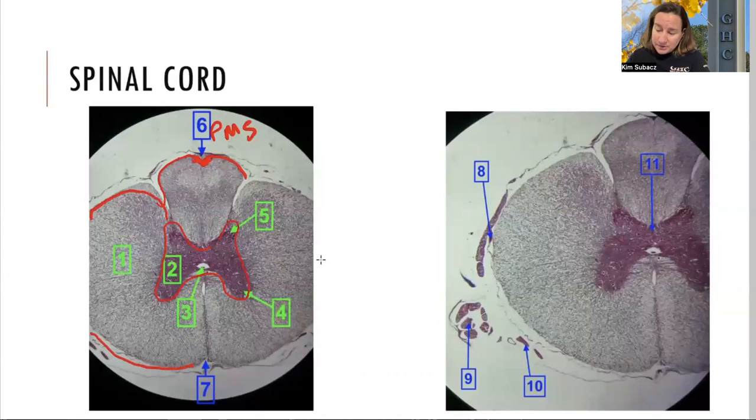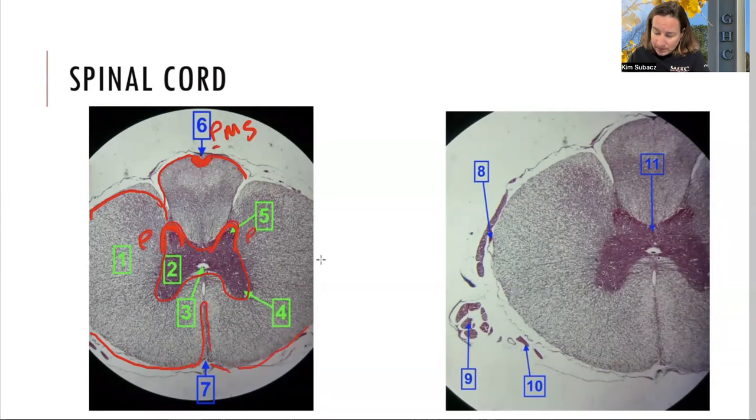So if this is the posterior median sulcus, then that means that this has to be the posterior horn of gray. This is also a posterior horn of gray. So these are both posties over here. If we follow the white matter around to this side, if that's the posterior median sulcus, then this guy has got to be the anterior side. And the anterior side, its groove is really deep. I know it's kind of hard to make out, but it is really dark.